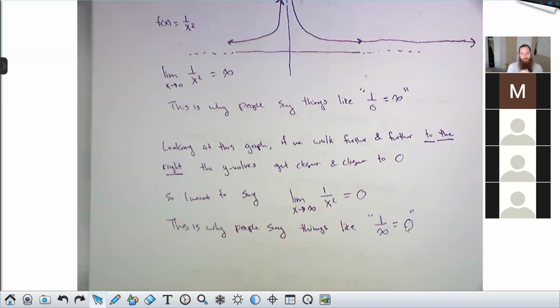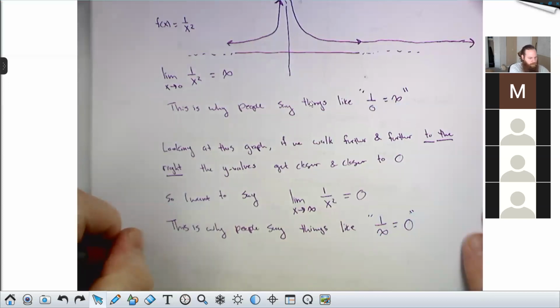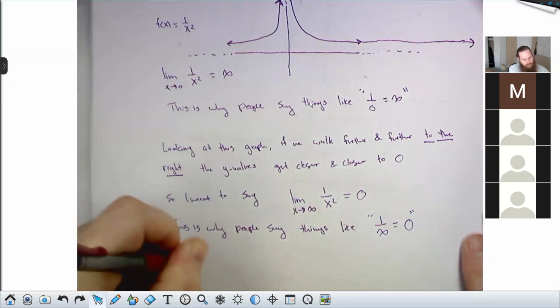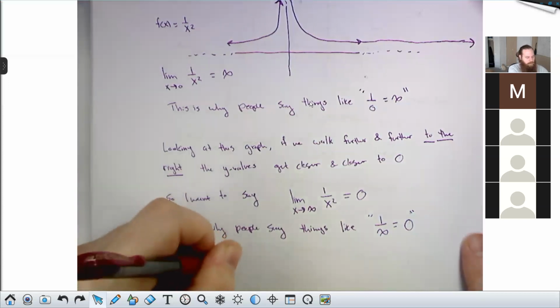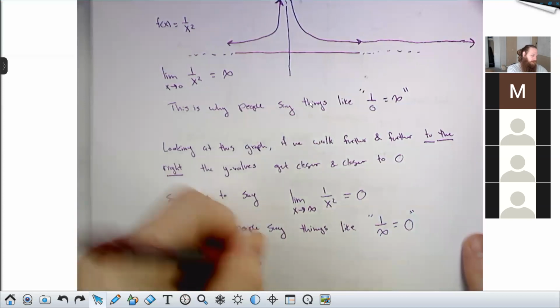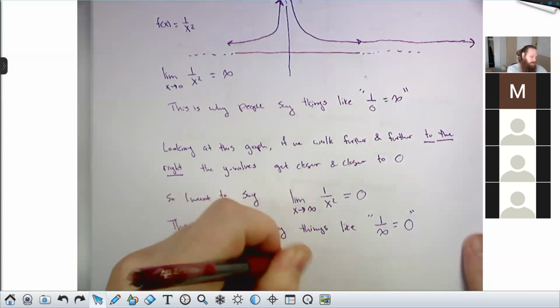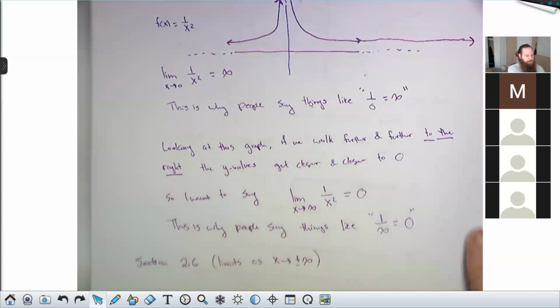And the bottom one is the one I'm going to focus on, because we've seen this first one, something we've actually been playing with a little bit now. But I'm going to get into section 2.6, which is where we're going to make rigorous those bottom statements. So these are limits as x goes to plus or minus infinity.